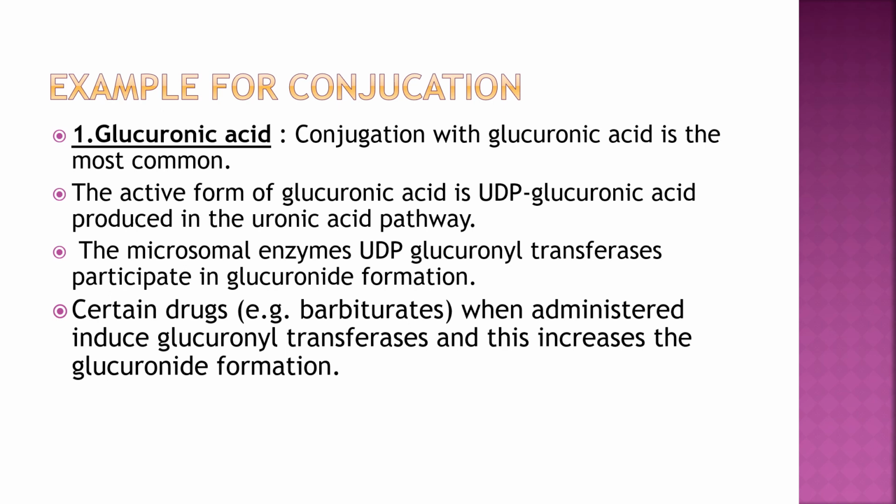First, glucuronic acid is the conjugating agent. It's mainly involved in the conjugation process. The active form of glucuronic acid is UDP glucuronic acid produced by the uronic acid pathway. The microsomal enzyme UDP glucuronyl transferases participate in the glucuronide formation. This enzyme is induced by some drugs, for example barbiturates.